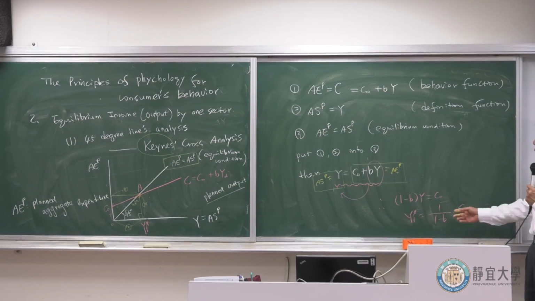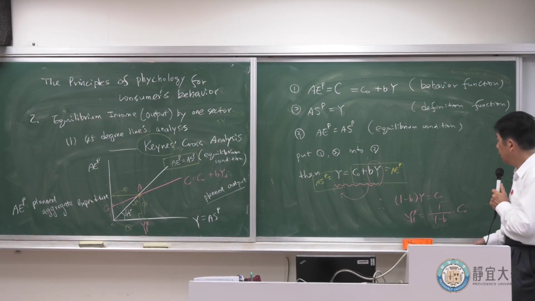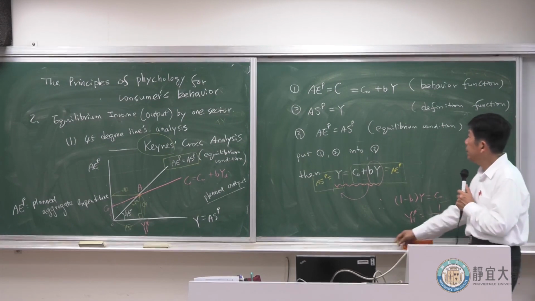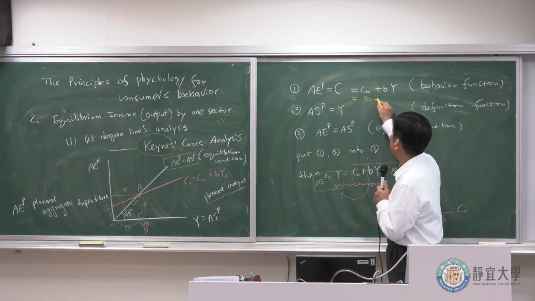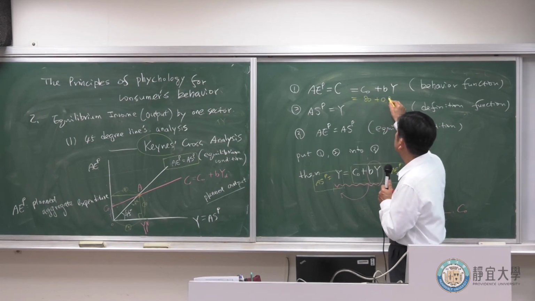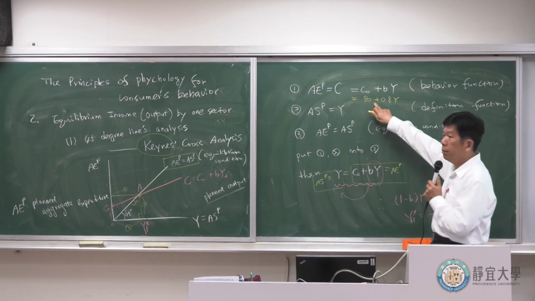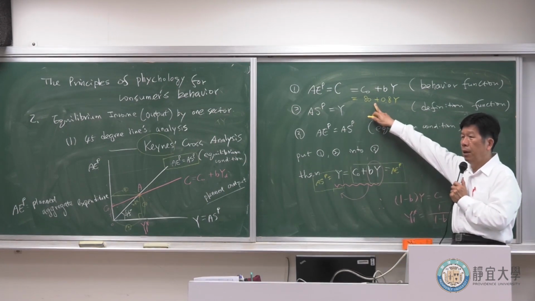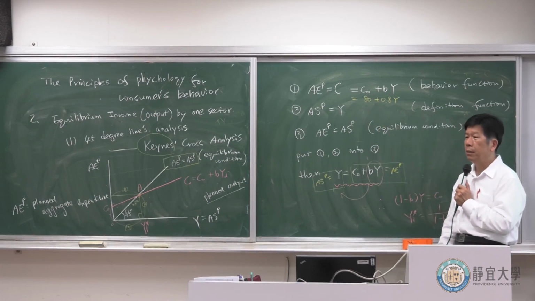Okay, so then we can find the result. Maybe we can also try, if this one equals 80 and this is 0.8Y, we can put this number together.